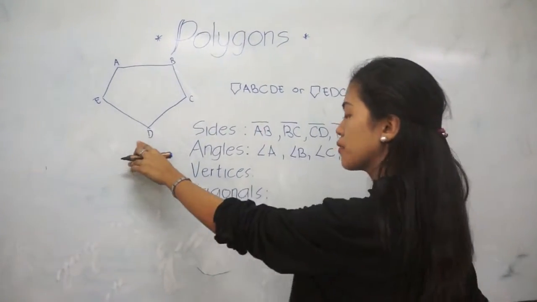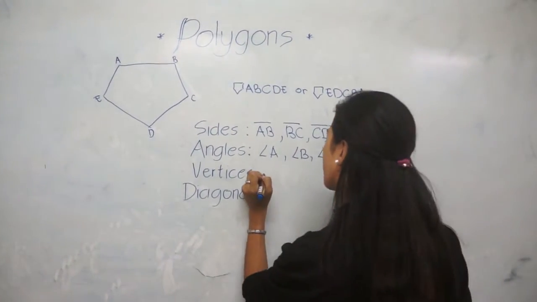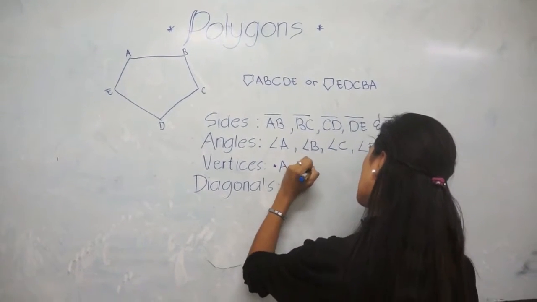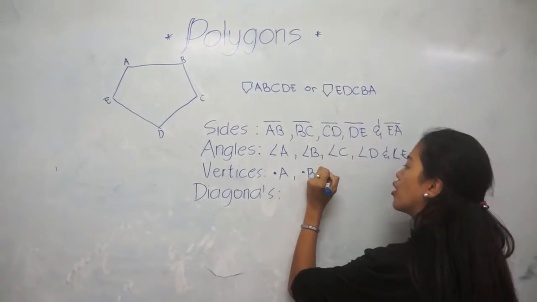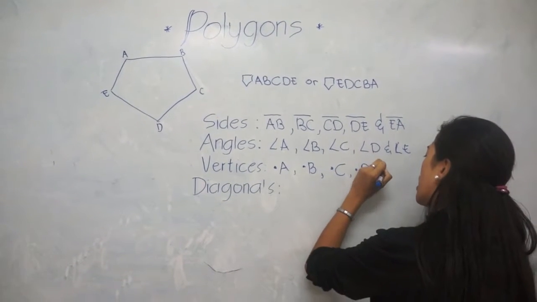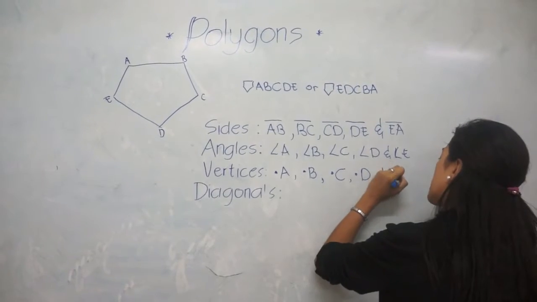The vertices of this polygon are point A, point B, point C, point D, and point E.